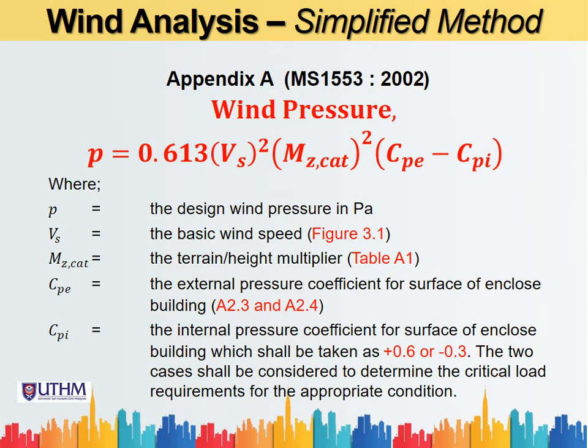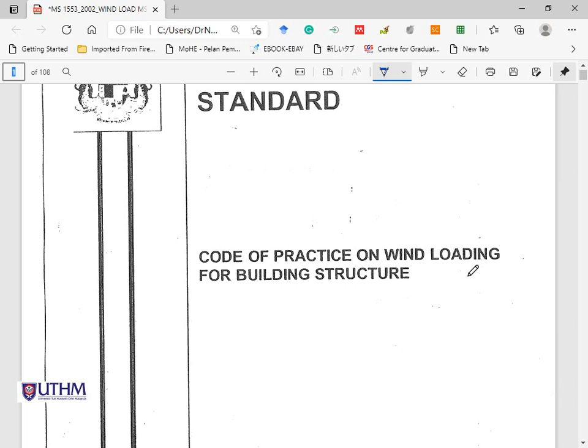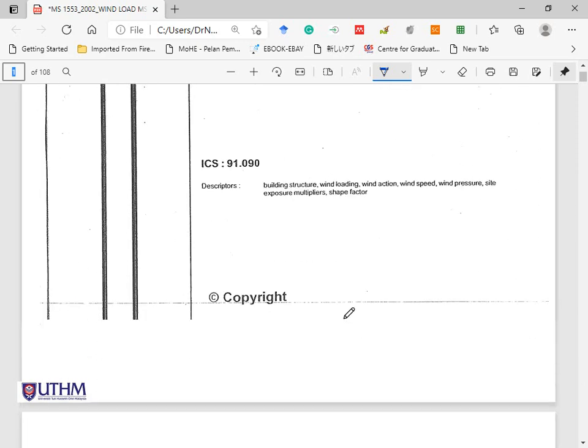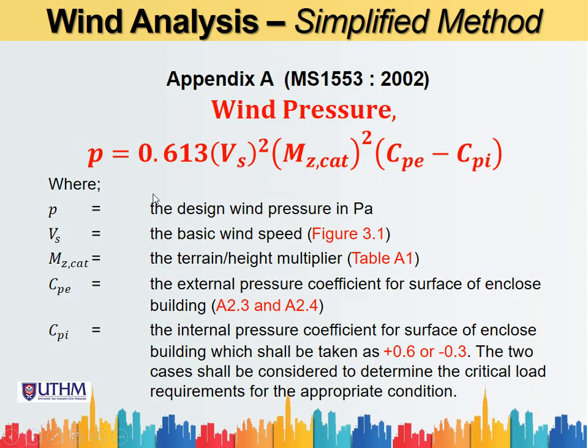The wind analysis using the simplified method refers to Malaysia Standard 1553:2002, the Malaysia Standard Code of Practice on wind loading for building structure. We will look at the pages related to the analytical procedure. And this is the equation.